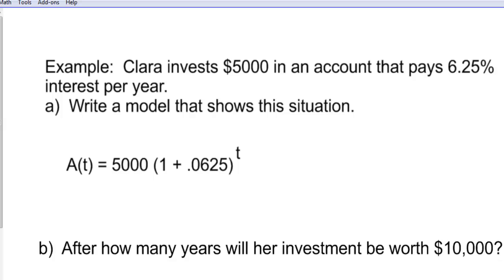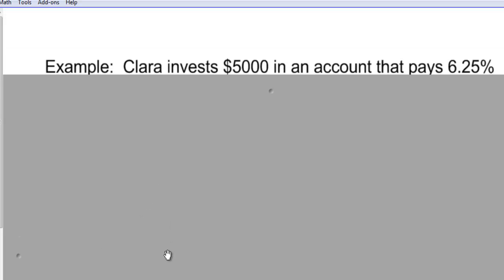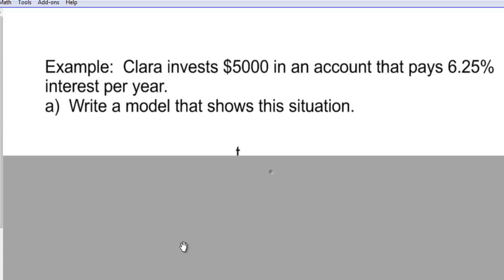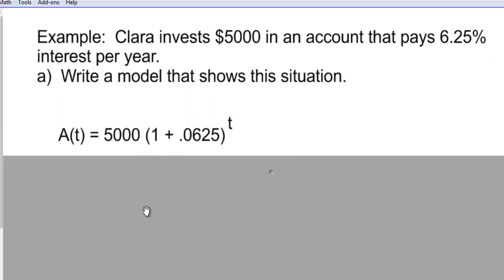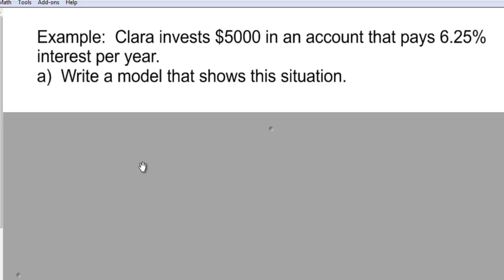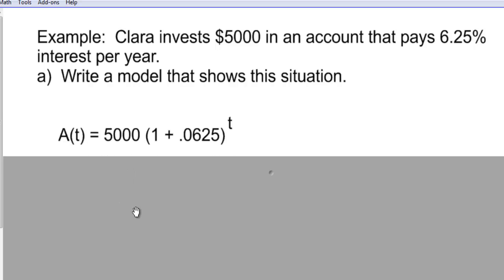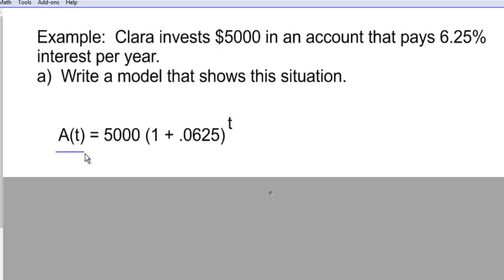All right, let's take a look at this example. We have Clara. She invests $5,000 in an account that pays 6.25% interest per year. Write a model that shows this situation. To do this, we would write A of t equals the initial amount, which for Clara was $5,000, and then we need our growth rate, which is going to be 1 plus 0.0625.